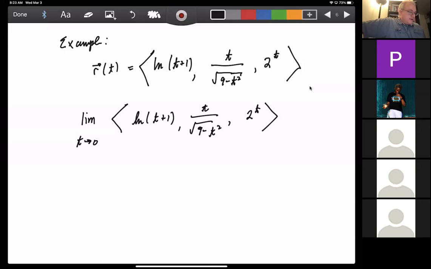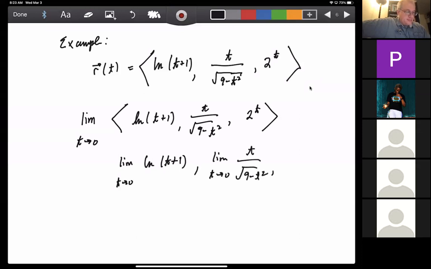Well, that means we apply the limit as t goes to 0 to each of the component functions, like that.